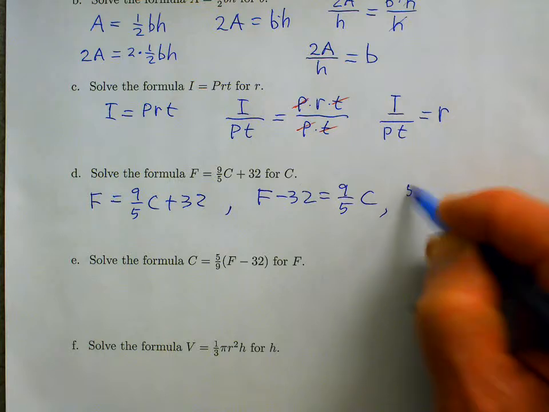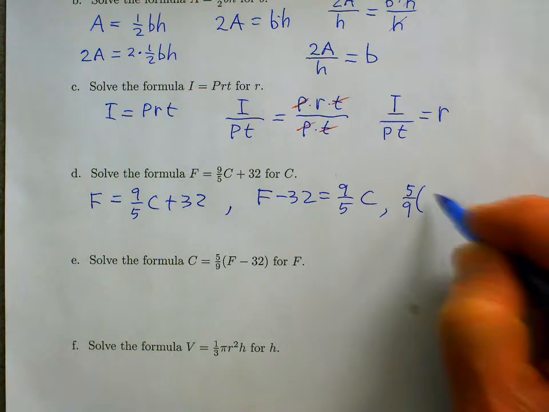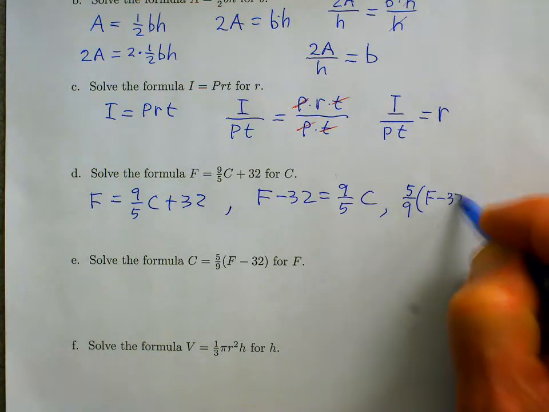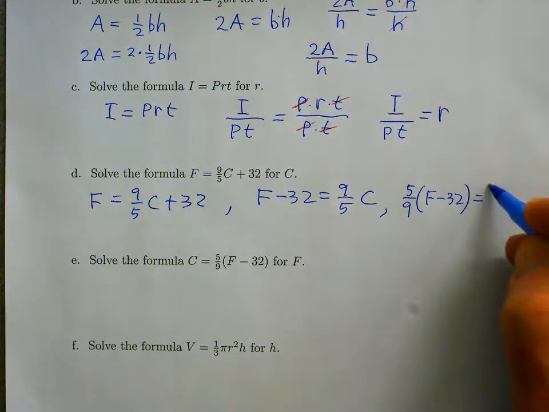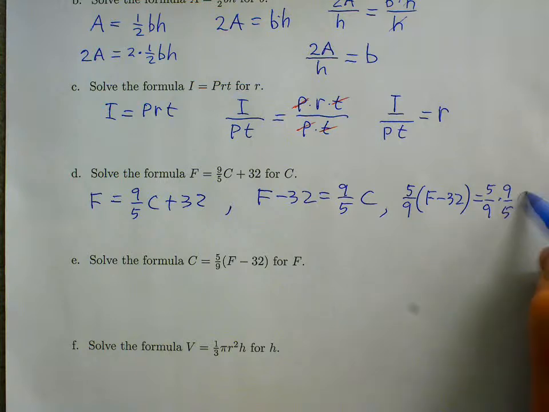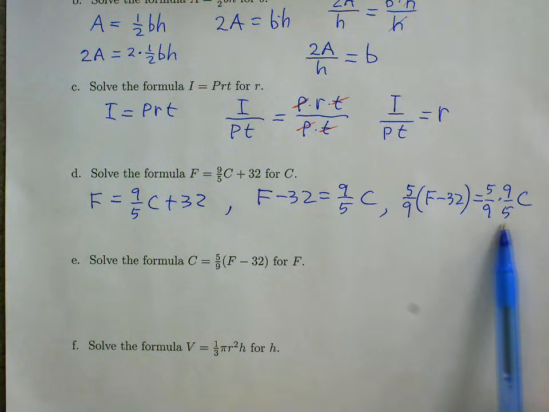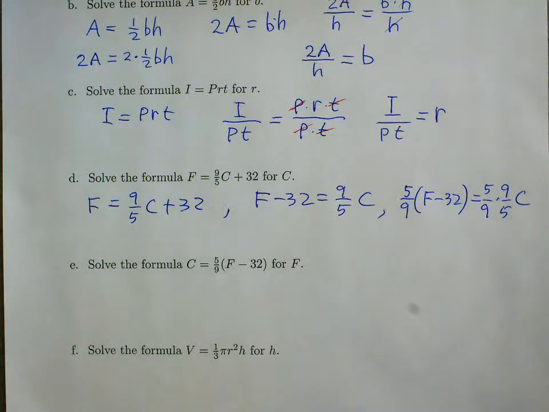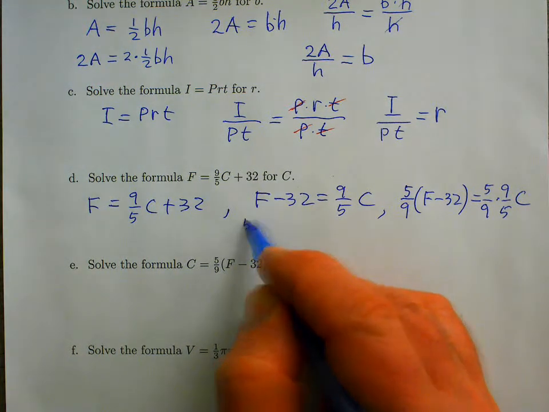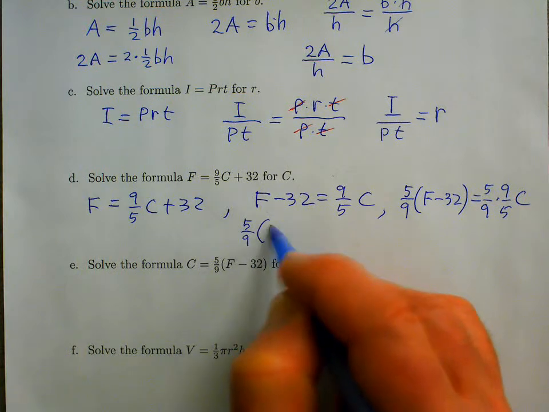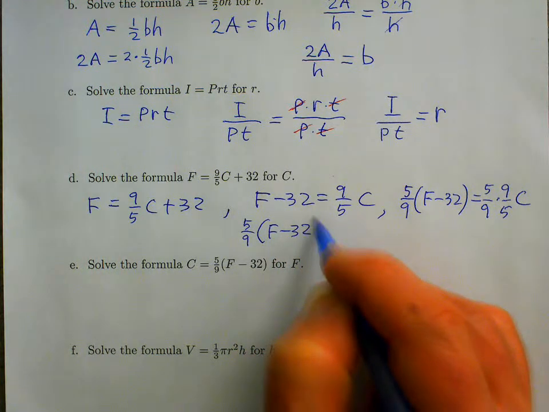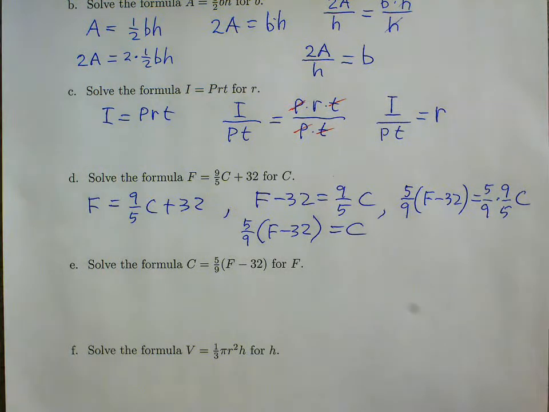So 5/9 times the quantity F minus 32 equals 5/9 times 9/5 times C. And 5/9 times 9/5 is 1, and 1 times C is C. So the final result: 5/9 times F minus 32 equals C.